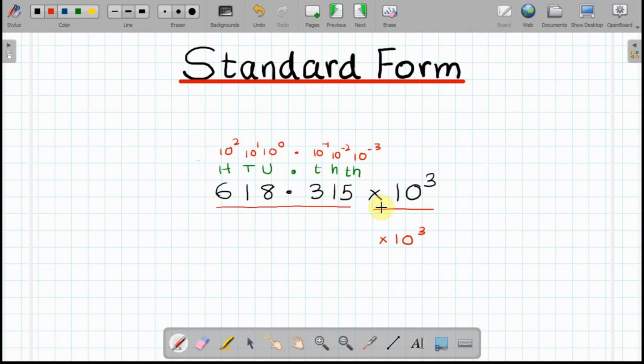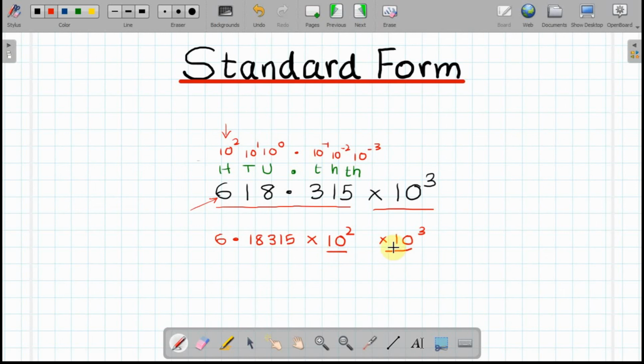Okay, so same way as before, I look at the first non-zero digit from the left. In this case, it's the 6. So that'll be written as a unit, 6.18315. And then I look at its place value, it's hundreds, so I multiply by 10 to the power 2. Now I use the index laws to multiply these two.